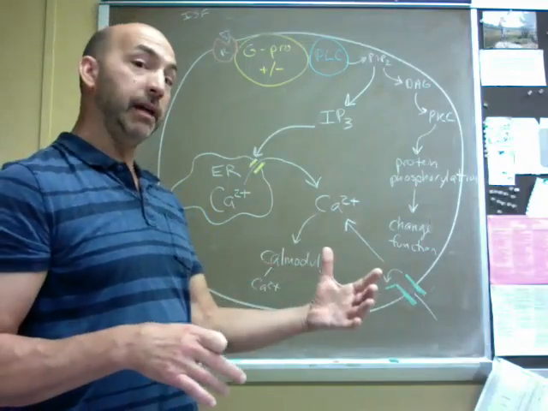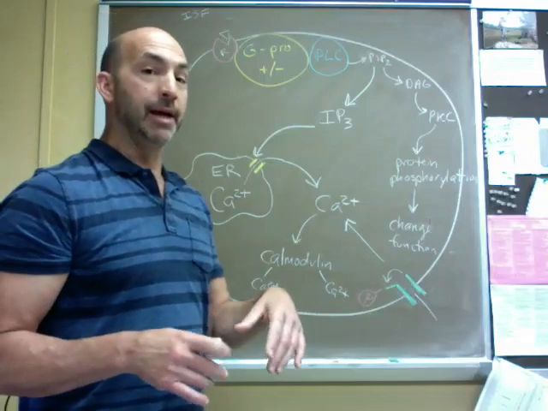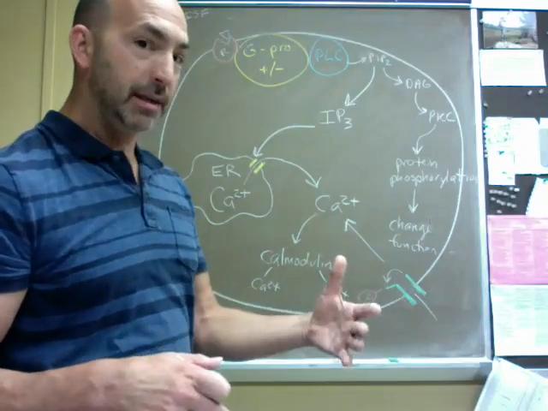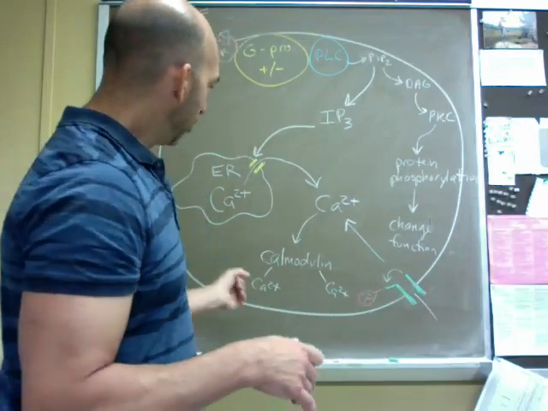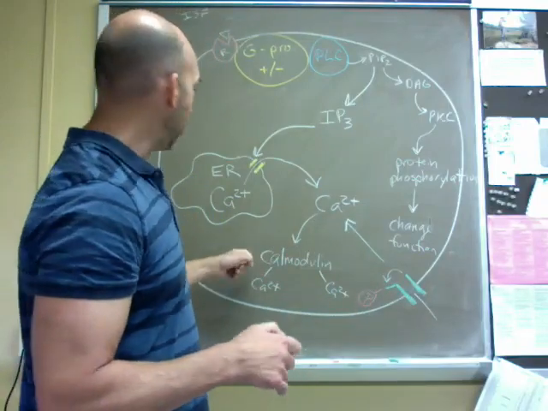Remember when we did cyclic AMP or cyclic GMP, we had CAMP-Ks, right? Cyclic AMP-dependent kinases. Well, now we have calmodulin-dependent kinases.